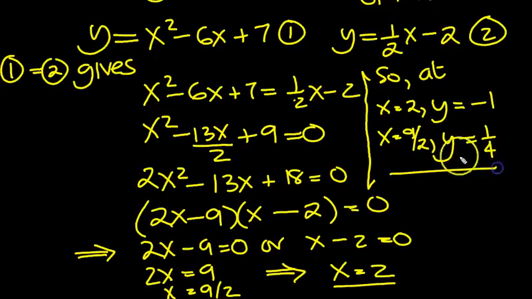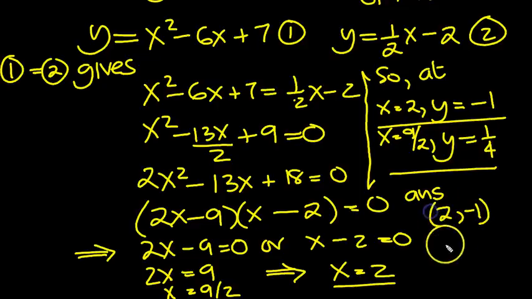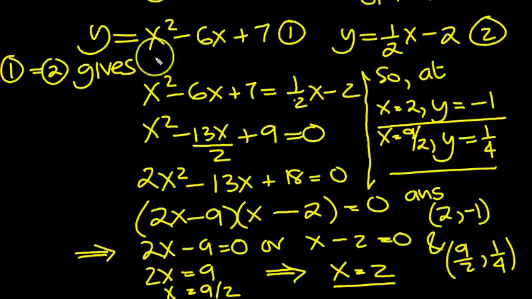So there we are, so there's our points. So the answer for the points of intersection of C and L are the coordinates 2 and minus 1, and 9 over 2 and 1/4. There we go. So that's part 1 done.